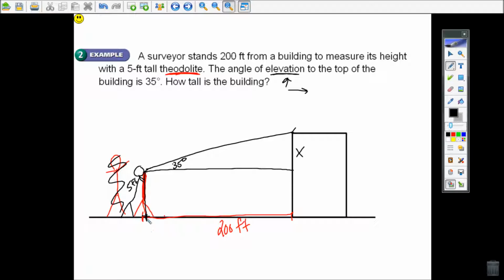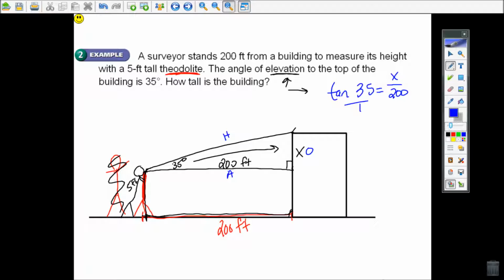Well, it's 200 feet from the base of the building, and 200 feet from the eyes to the building. So I'm just going to bring up 200 feet. We're trying to find x. So we have opposite, and this is adjacent, because this is the hypotenuse. So I'm going to do tangent. Tan of my angle equals opposite over adjacent.